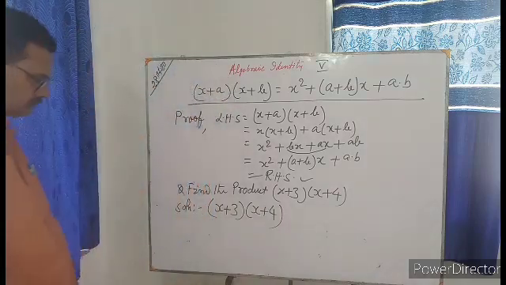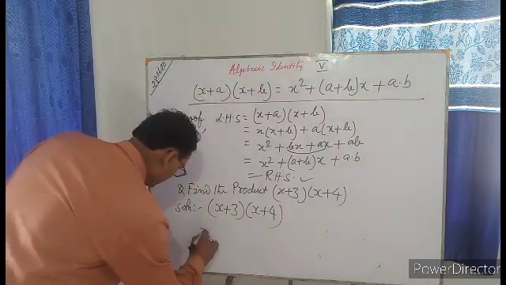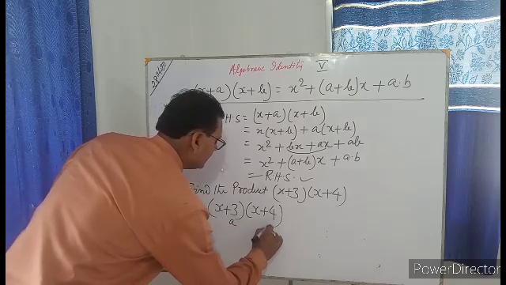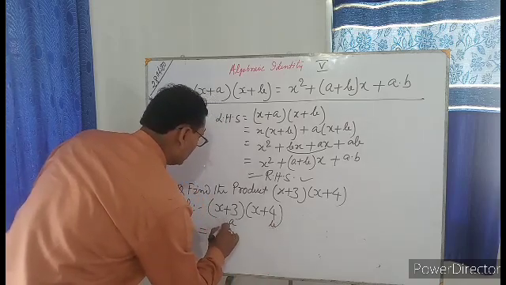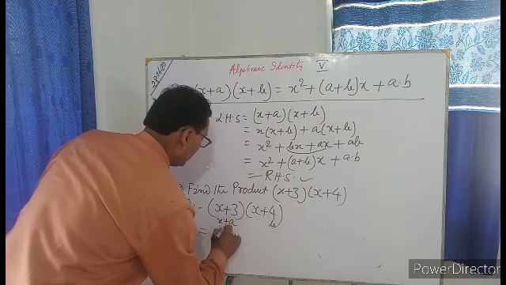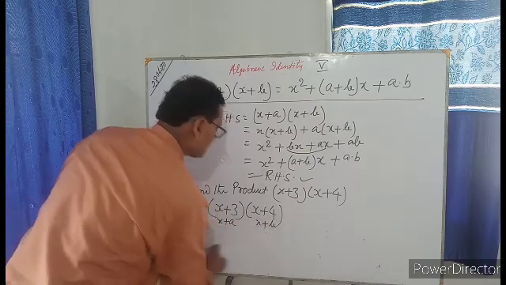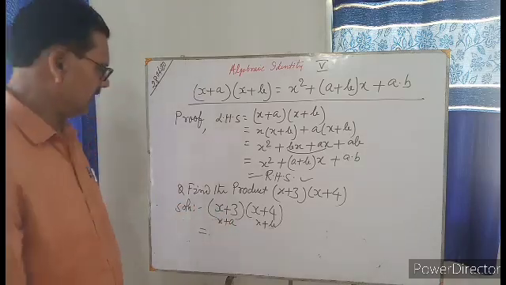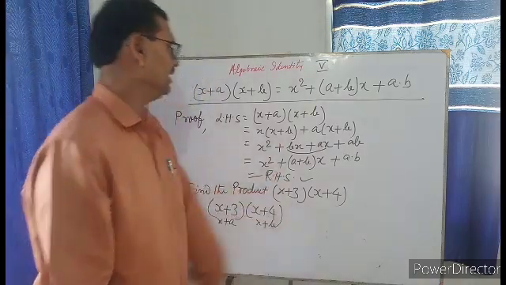Here x will remain x, and this will be considered as a and this will be considered as b. So it is x plus a and x plus b. 3 is considered as a and 4 is considered as b.